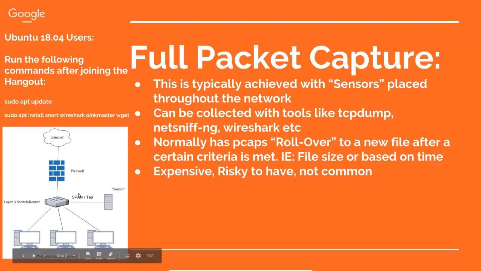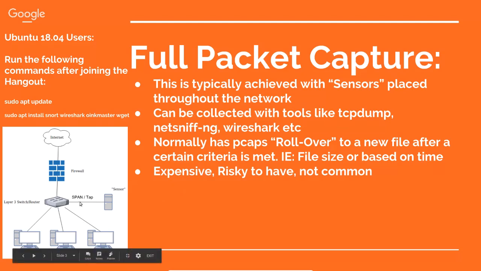A tap is a little bit different than a span. It's basically a device that sits in line and mirrors traffic over to the sensor, versus having to have a port dedicated to that. There are some benefits to it. For example, you don't put any extra strain on the switch or router itself, because you're using a physical device to copy that traffic.